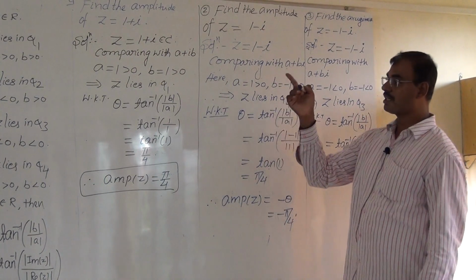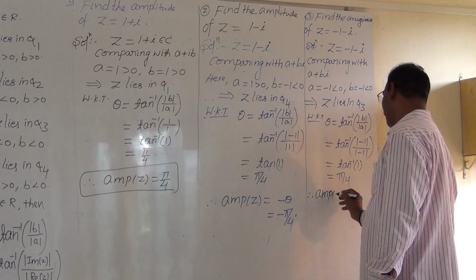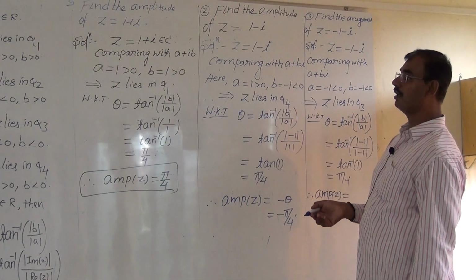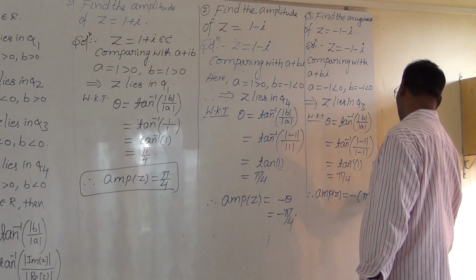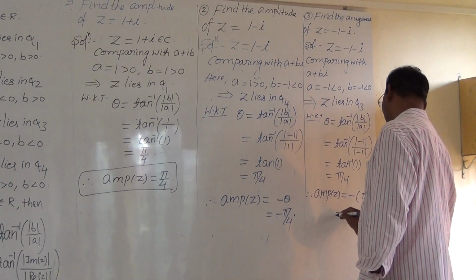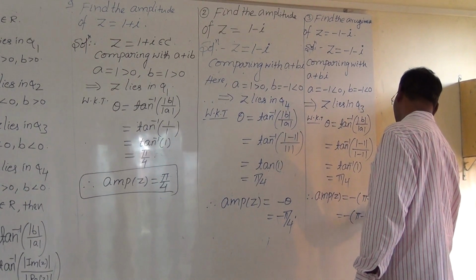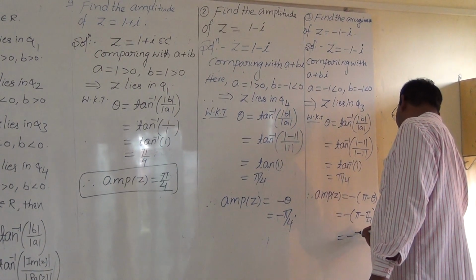But the actual amplitude of Z, what is the formula? In the third quadrant, the actual amplitude of Z is minus of pi minus theta. Substitute here: minus of pi minus pi by 4. Pi minus pi by 4 is equal to 3 pi by 4.